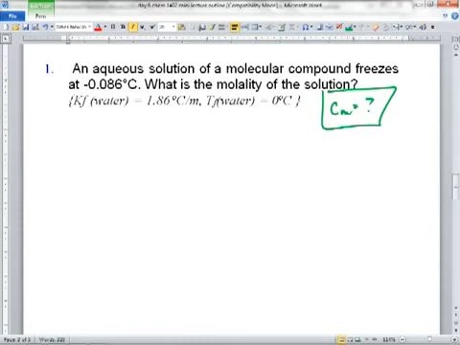Yeah, the delta TF equals KF times CM. It works great because CM is in that equation. All I've got to do is, there are 3 variables, and they gave us 2 of them. I just have to figure out what they are. So we're going to solve for that CM. There it is. Jose? They had to have told us delta TF and KF. They had to. We just have to look at it and we'll figure it out. Which one do you see?